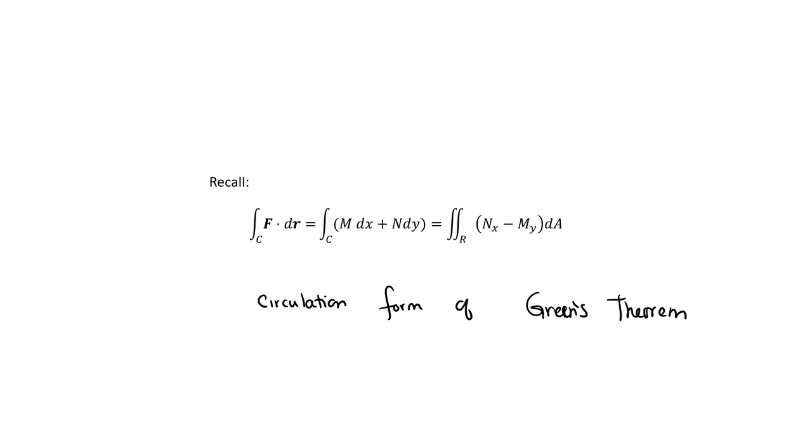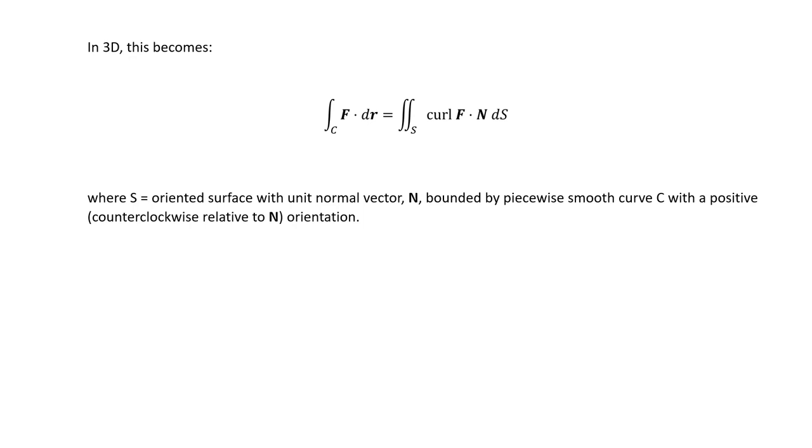two-dimensional vector field. All right, so here is Stokes theorem, and this is really just a three-dimensional version of that circulation form of Green's theorem. So now we're in 3D.